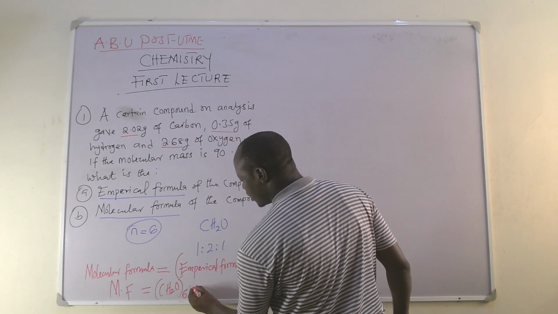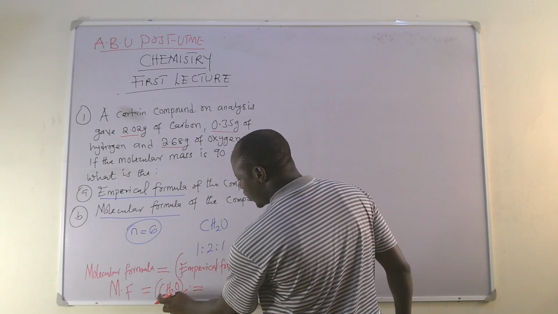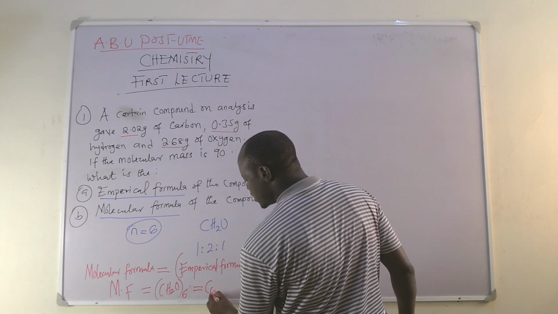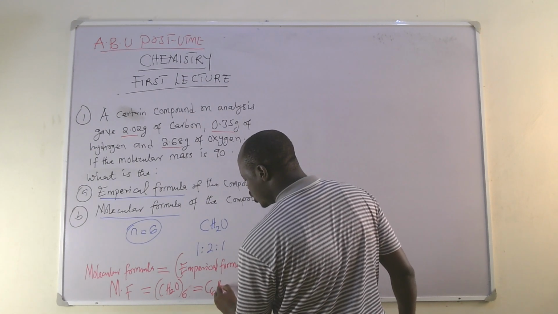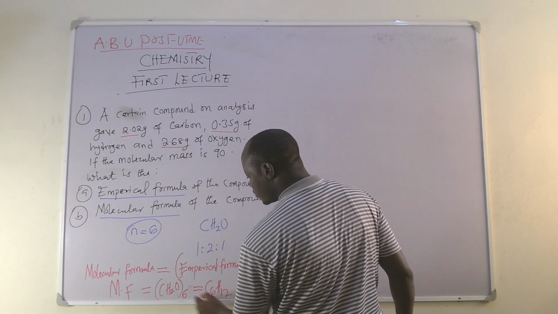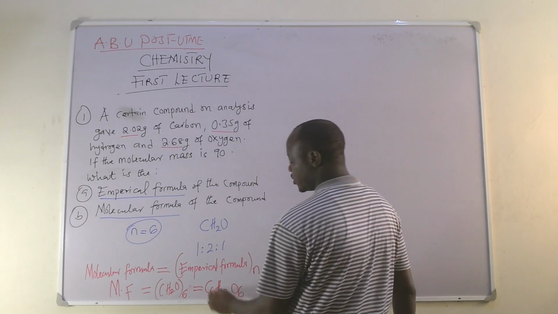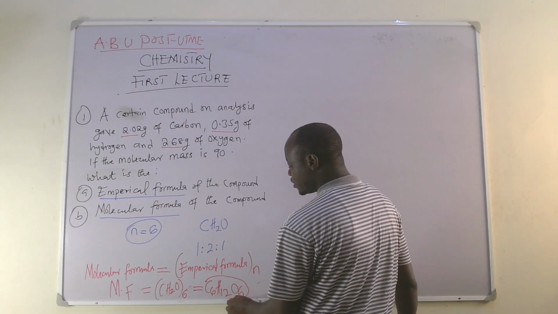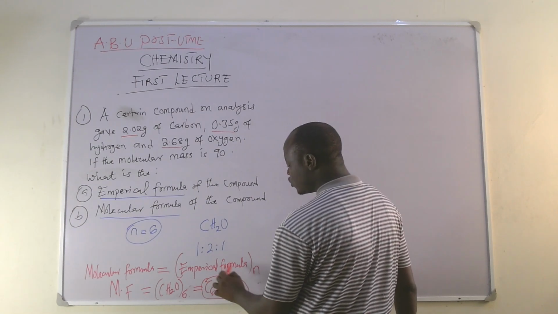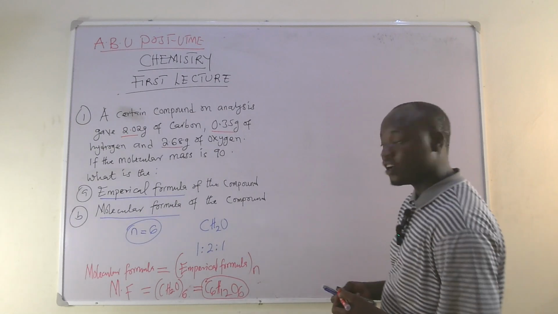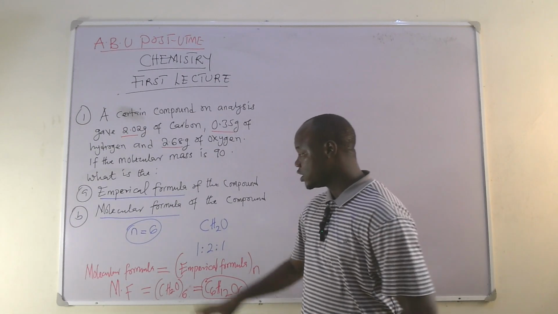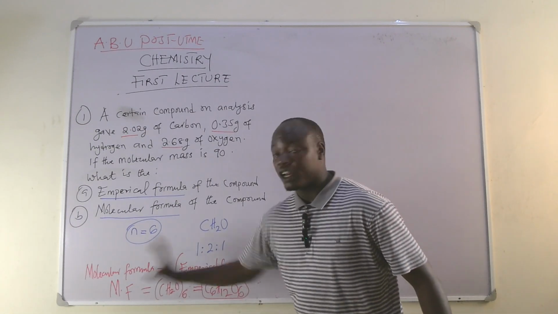So we have 1 times 6, which gives C6, H times 2 times 6 gives H12, and 1 times 6 gives O6. So this is the exact number of the elements present in the compound. This is the molecular formula.